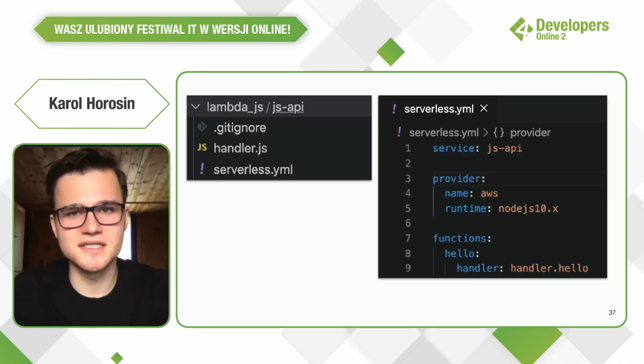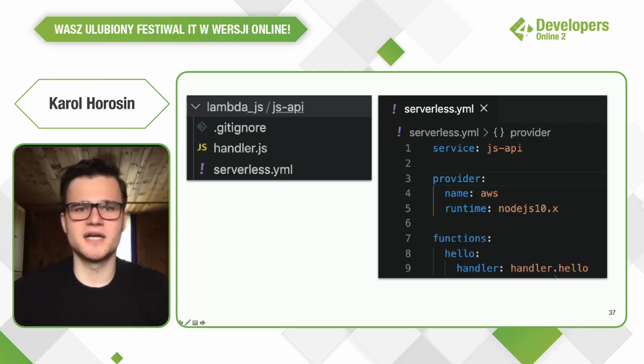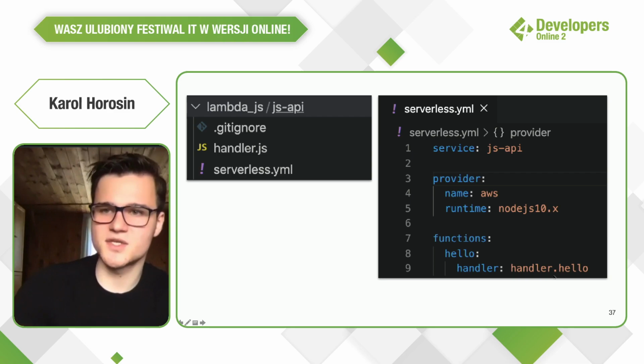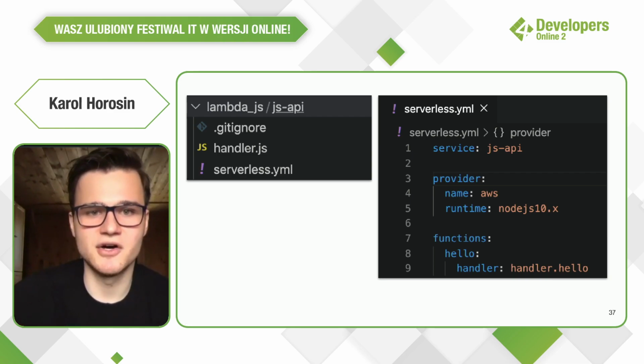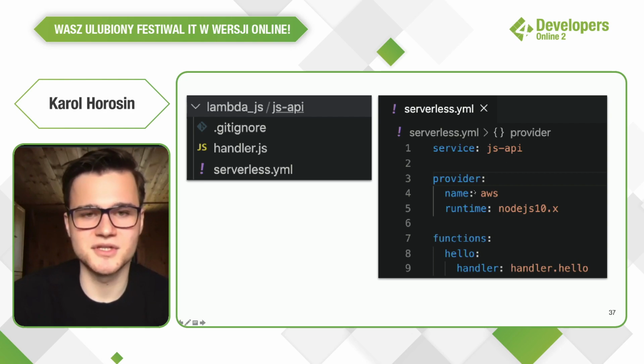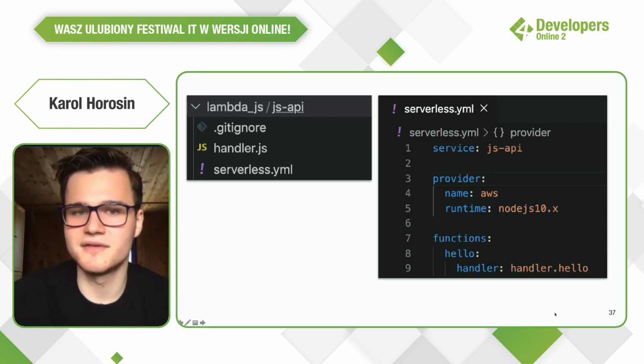So what gets generated is really not that many files. These are 3 files: gitignore, handler, and serverless.yml. Serverless.yml has a lot of comments, so you have examples there of how your config might look, some additional options, but this is everything that's not commented out. So we have the name of our service.